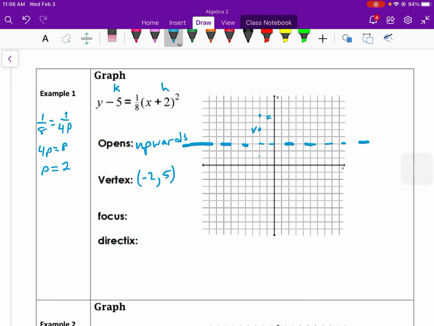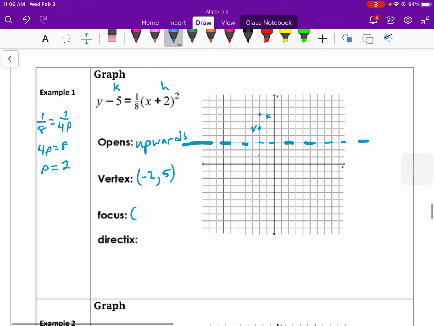And so the focus then is (-2, 7), because it's plus 2 from this point, and you can see it on the graph, negative 2, up 7. And then this line here is the line y equals 3. So the directrix is y equals 3. Now, to find out kind of how wide our parabola is going to look, we see what the total distance from focus to directrix is.